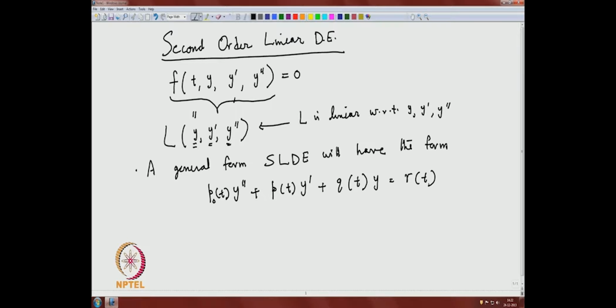So, this will be the most general form of the second order linear equation.